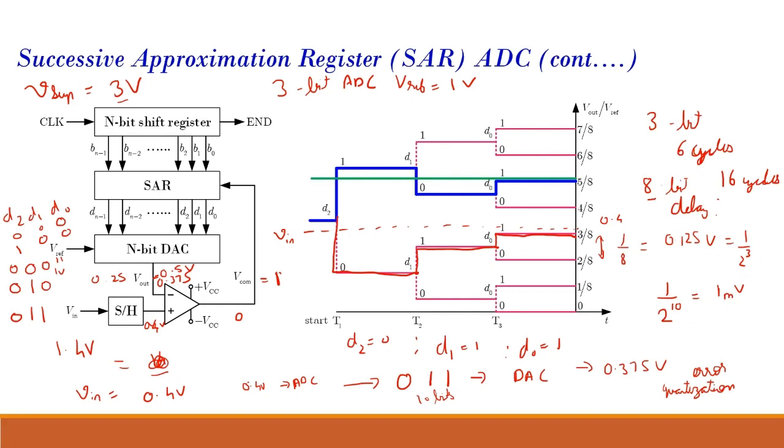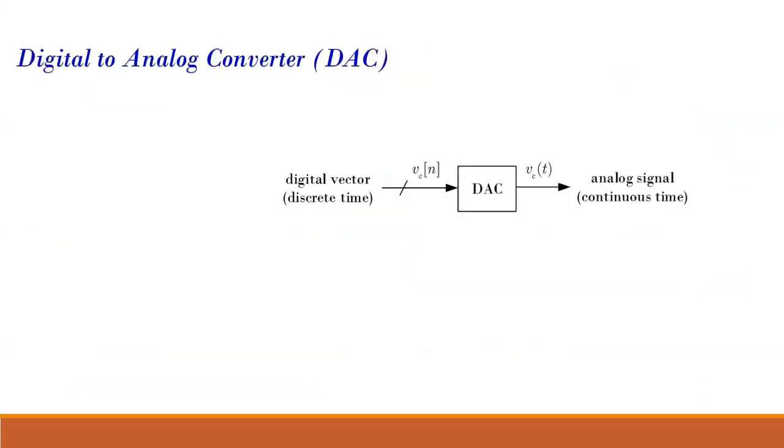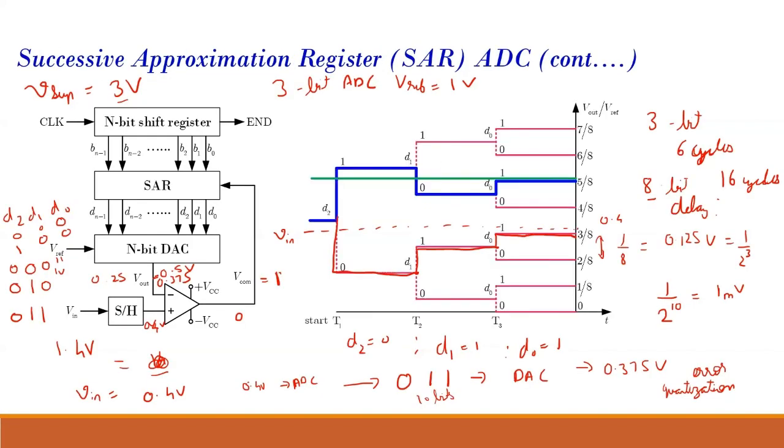But if we talk about the DAC, how could that quantization error be understood, sir? If you talk about the DAC, see, same thing, at the analog side we will have some error.